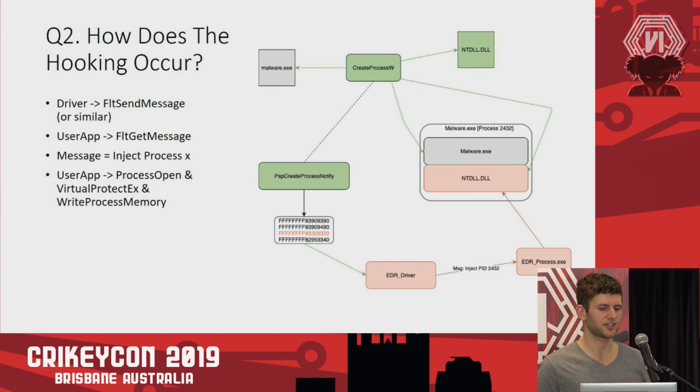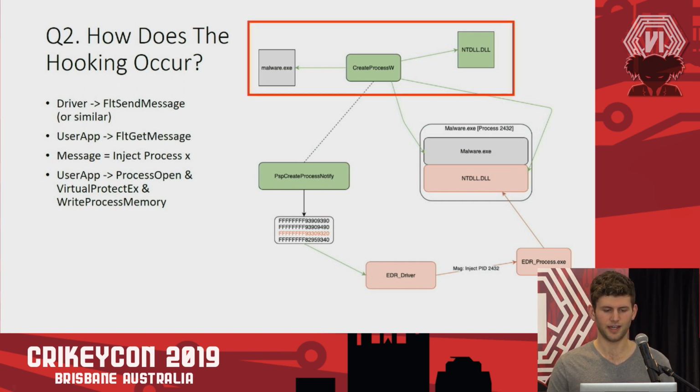So how does it actually do the hooking? If we look at how it does this, we can see that first, we create a process. In this case, we're creating malware.exe. It can be whatever. And then the operating system will be like, all right, I'm chucking the untouched, fresh-on-disk copy of NTDLL into your process.